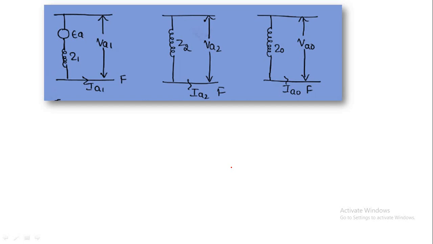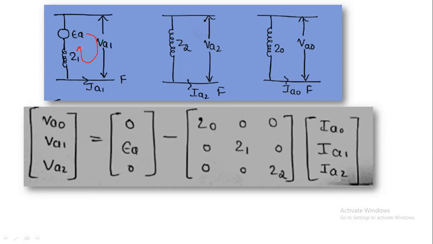We can get these from the network by applying KVL. VA1 equals EA minus IA1 into Z1. Similarly, VA2 equals minus IA2 into Z2, where the minus indicates the current flows in the opposite direction.